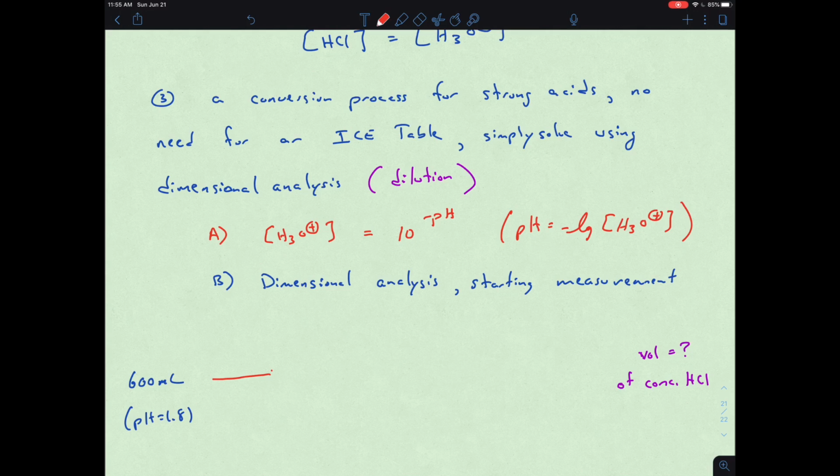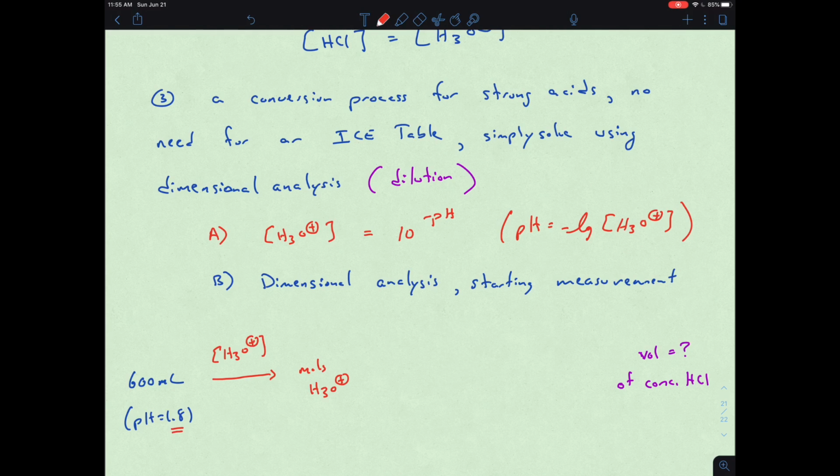Well, I could apply the concentration of hydronium ion to determine my moles of H3O plus.